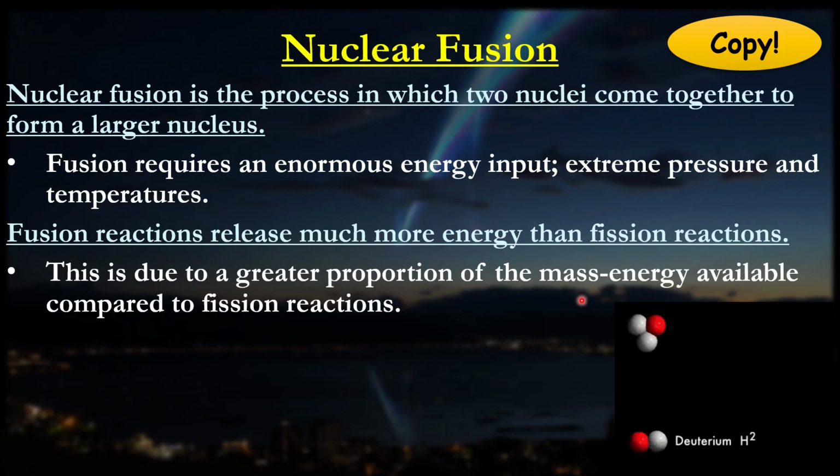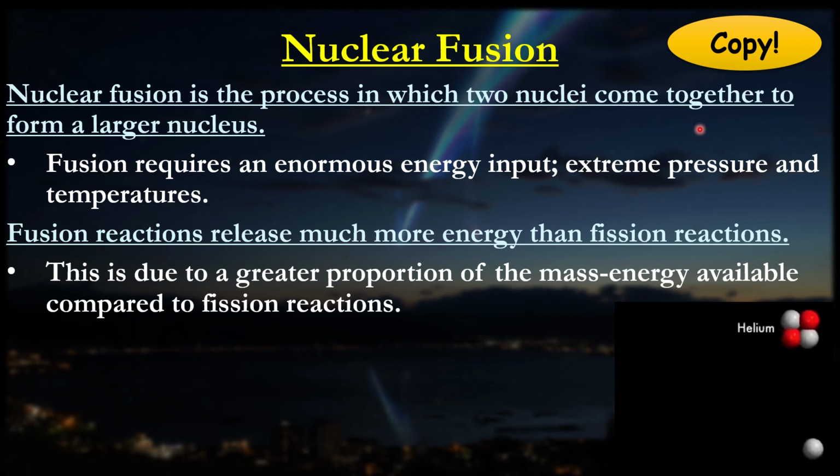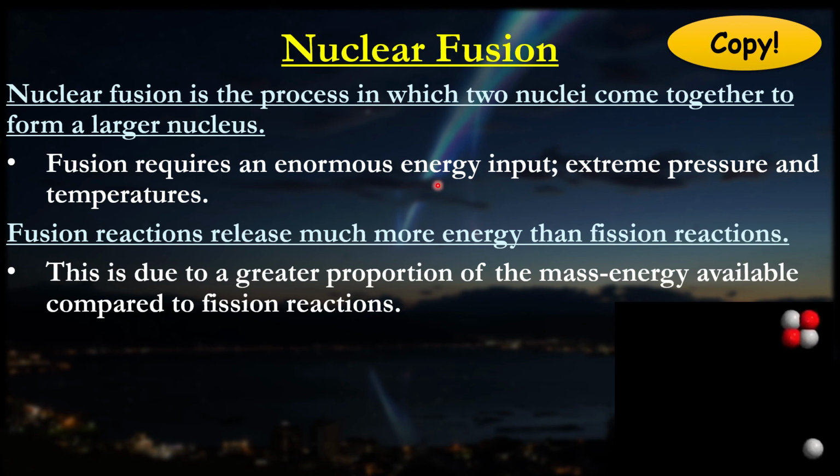When it comes to nuclear fusion, it's the process at which two nuclei come together to form a larger nucleus. Fusion requires an enormous amount of energy input, such as extreme pressure and heat. That's why nuclear fusion only really ever occurs inside the core of the sun.